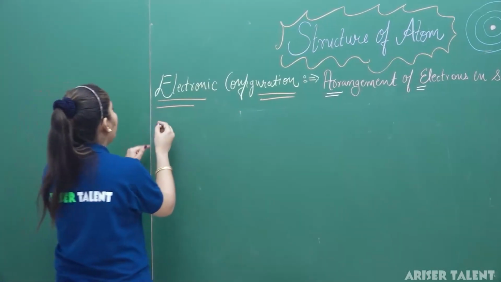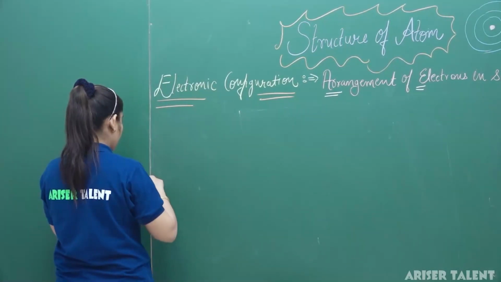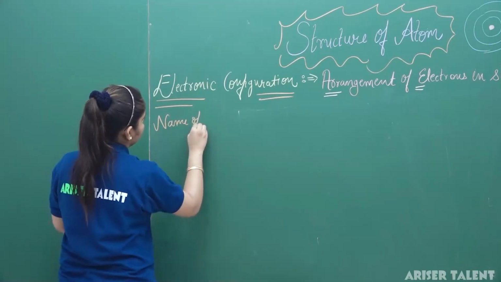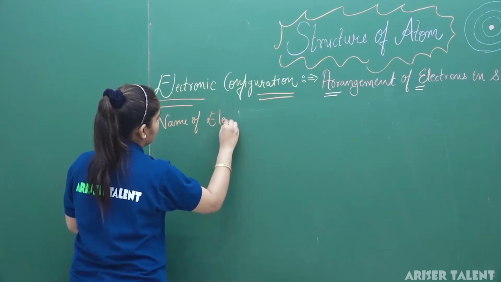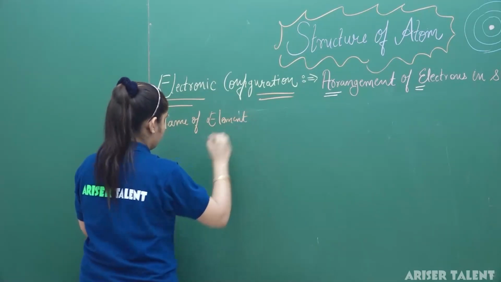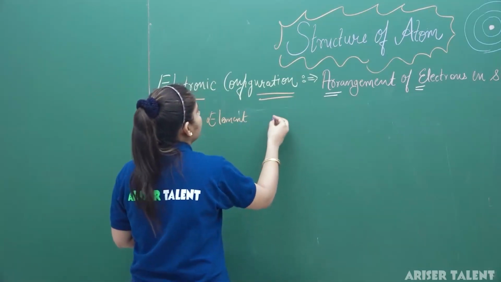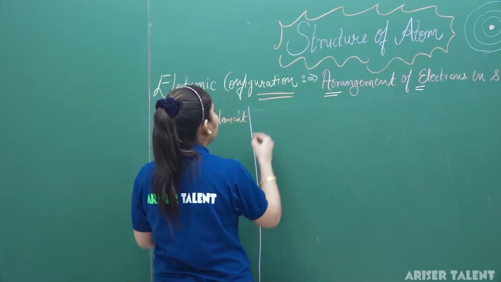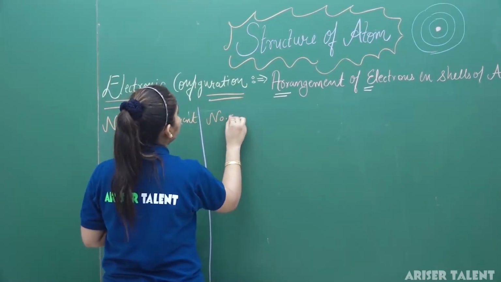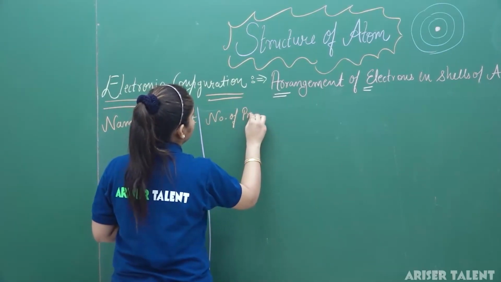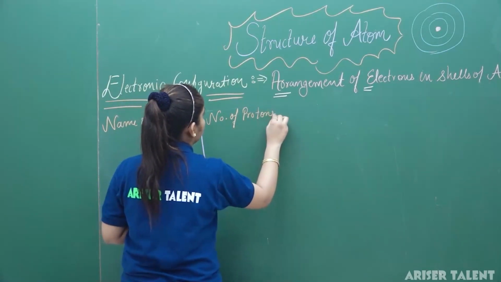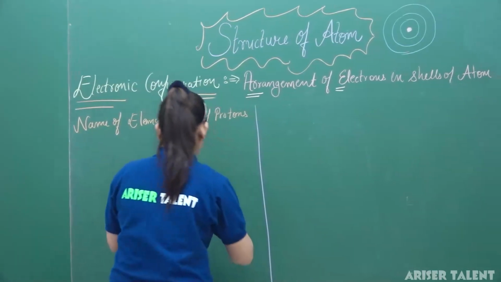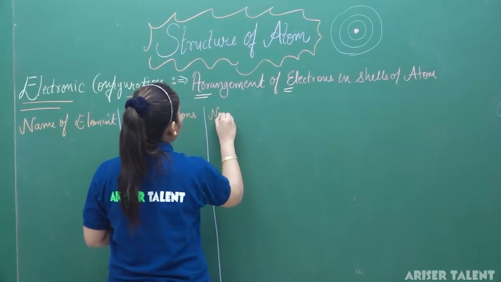So, here we have the name of an element. Then, after the name of the element, we will calculate the number of protons. Now we have the number of electrons.